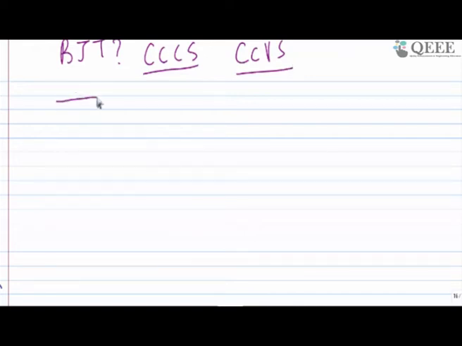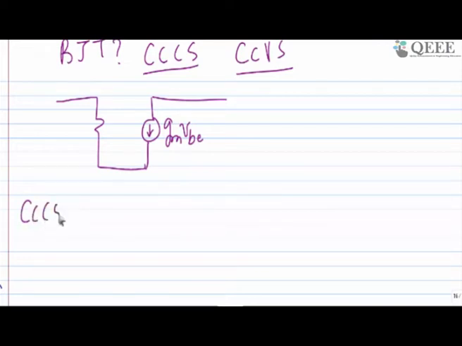If you are looking at the old model without early effect voltage, let's put the model which looks like this one. A CCCS is the one where your input impedance is 0 and output impedance is infinity.